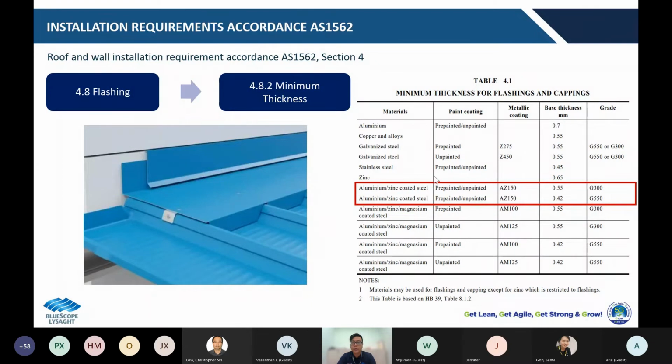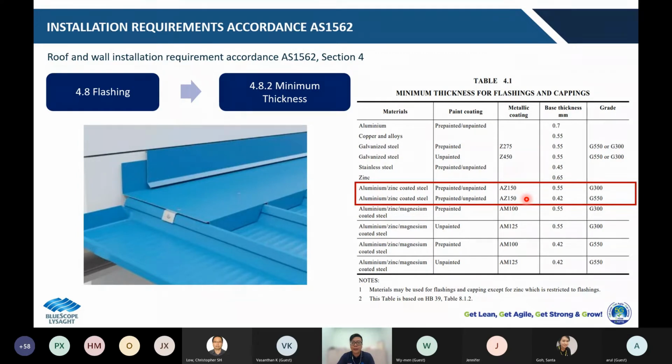So refer to the zinc coated steel, pre-painted or unpainted. The minimum metallic coating must be AZ 150. And base metal thickness shall be 0.55 for G300 or 0.42 for G550. So this is the minimum gauge that you can use for the flashing material.